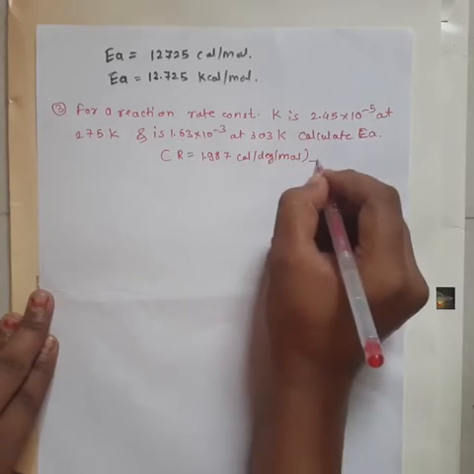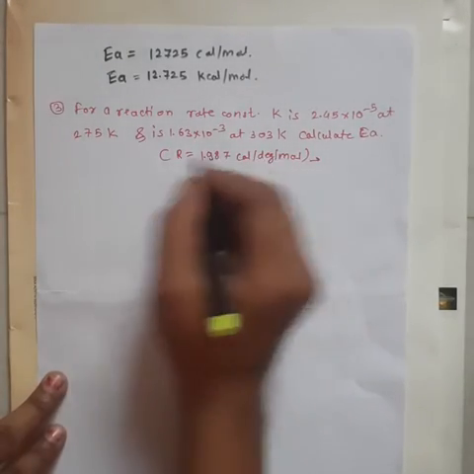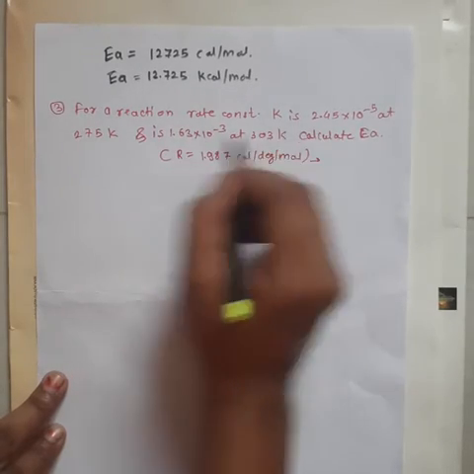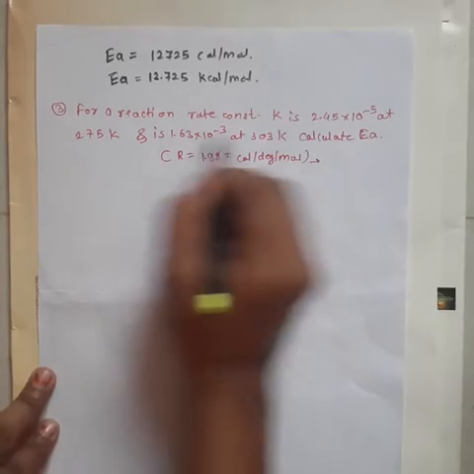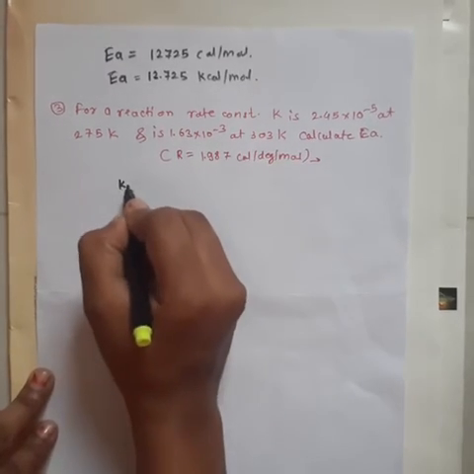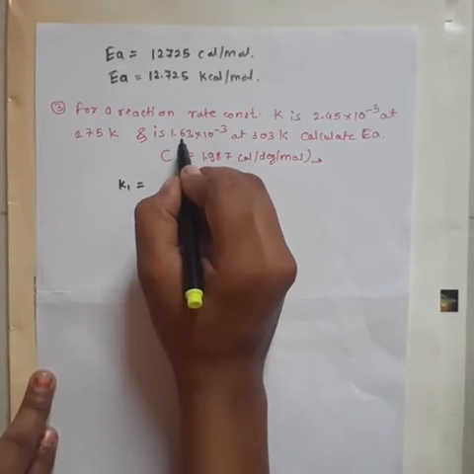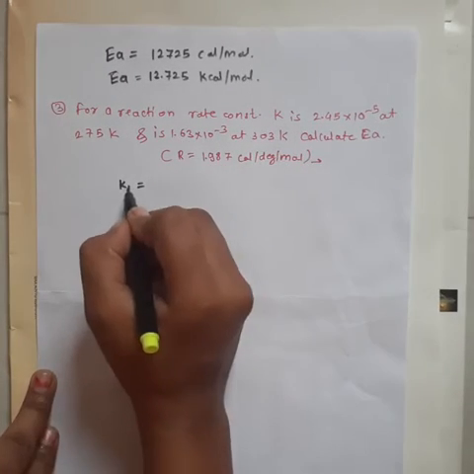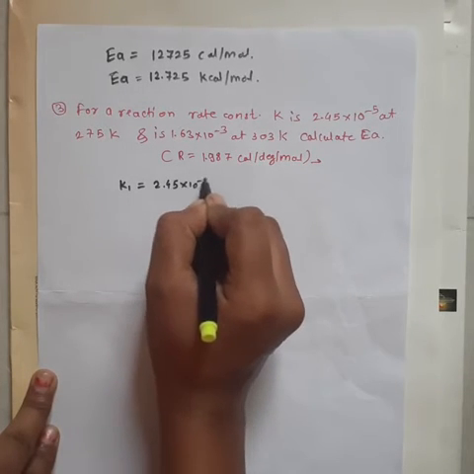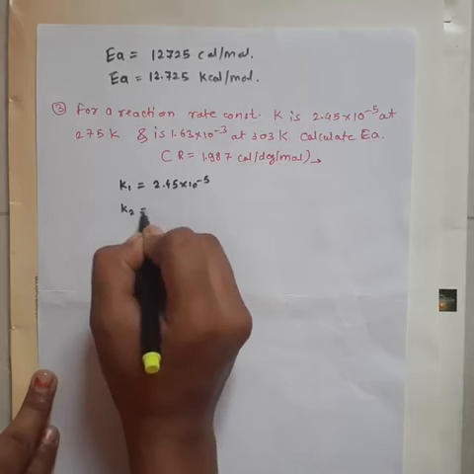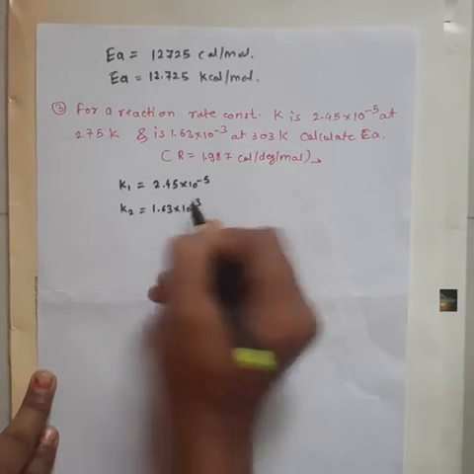So how we can solve this problem? Here for this reaction the rate constant is given at 275 Kelvin, means this rate constant is called K1 because it is at lower temperature, because at 303 Kelvin it becomes K2. Therefore K1 is equal to 2.45 into 10 raised to minus 5, and K2 is equal to 1.63 into 10 raised to minus 3.